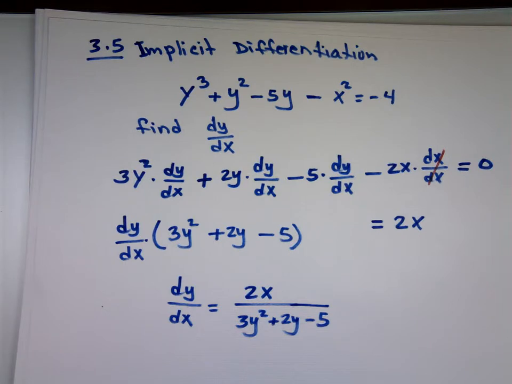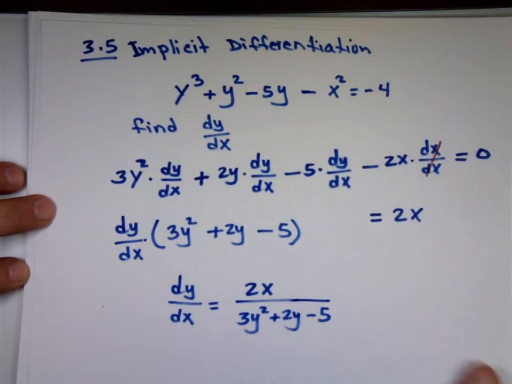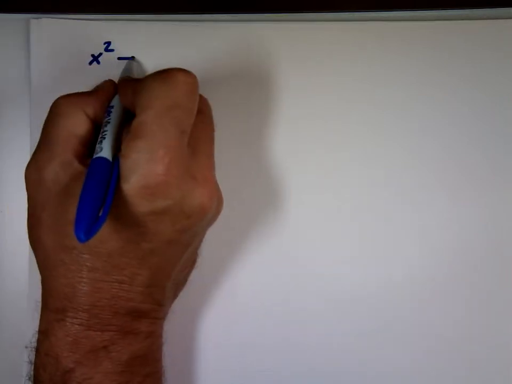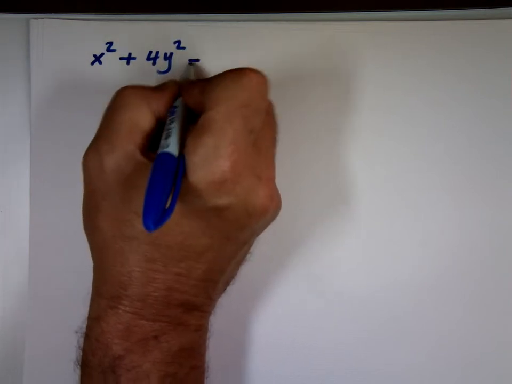Let me try another one. X squared plus 4y squared equals 4.